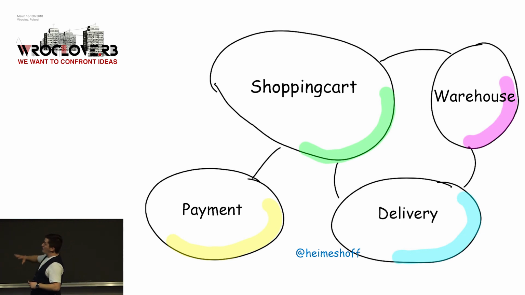And if you now know what is your core domain and what's supporting, there's a problem. Because, for example, the shopping cart and the warehouse have a relationship. Meaning the real world has a relationship, these two interact, and the programmers also have a relationship. There's a team building the warehouse system, and there's another team building the shopping cart system.